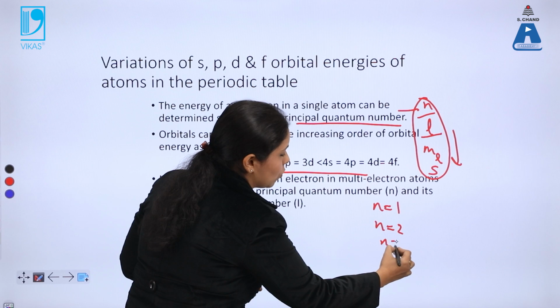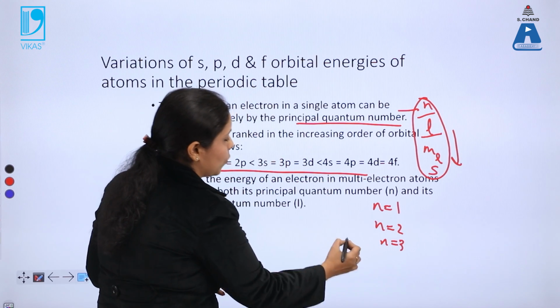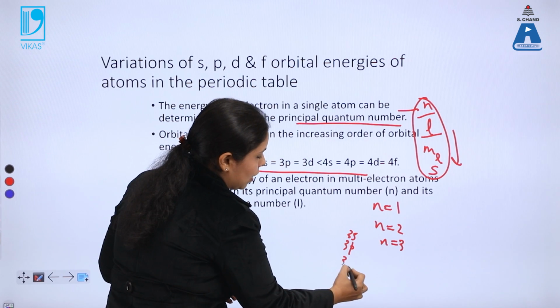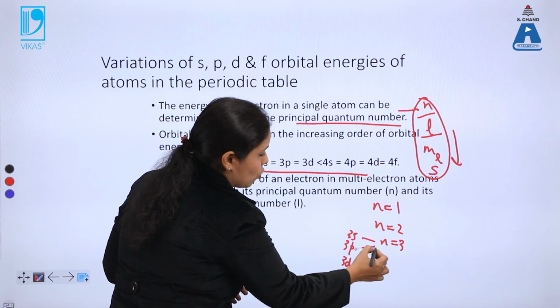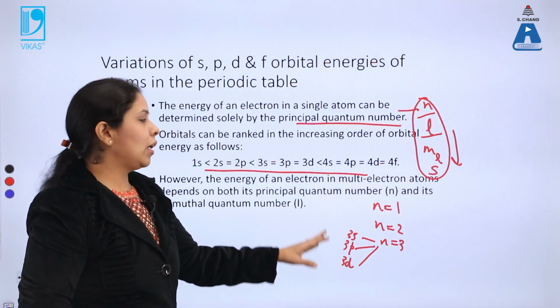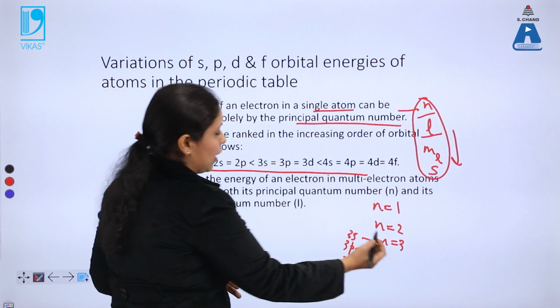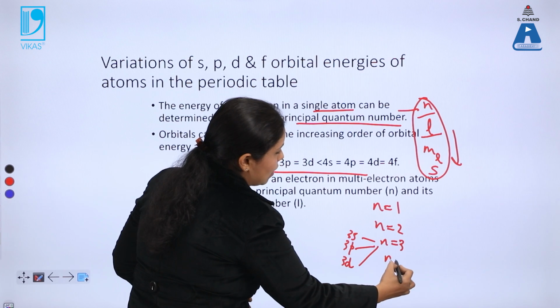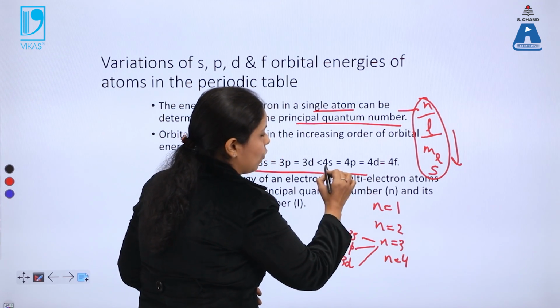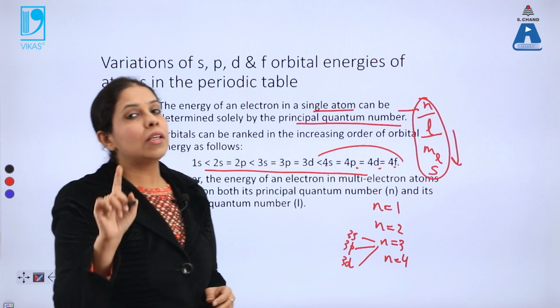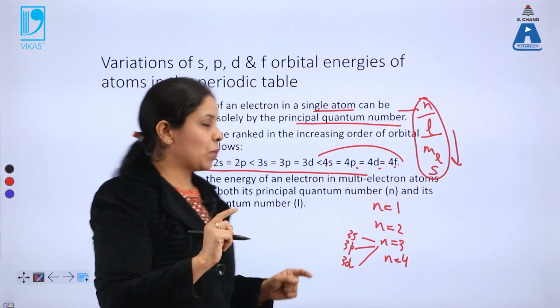When n is equal to 3, 3 orbitals are possible, that is 3s, 3p and 3d. All these have similar energies only in the case of a single electron atom. When n is equal to 4, we have 4s, 4p, 4d, 4f, all having equal energy. But this is not the case in multi-electron species.